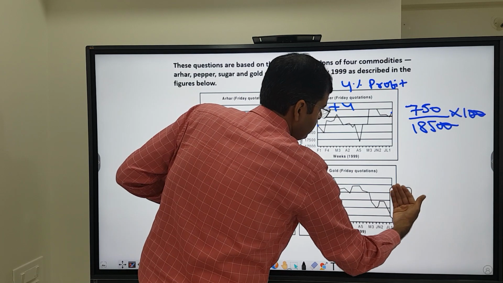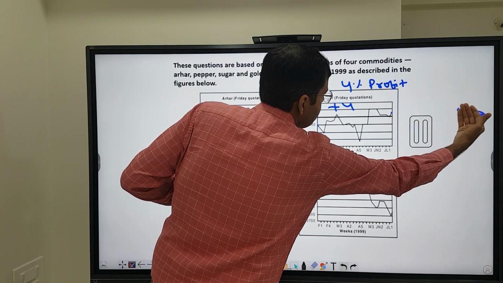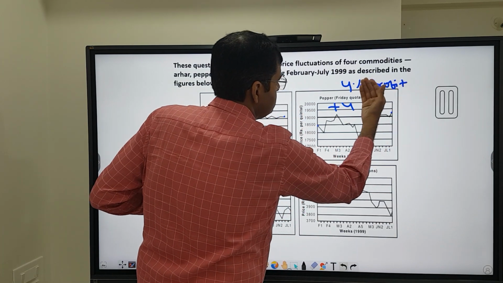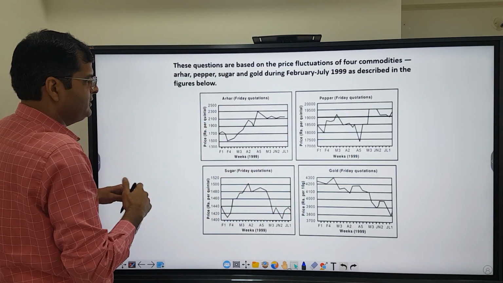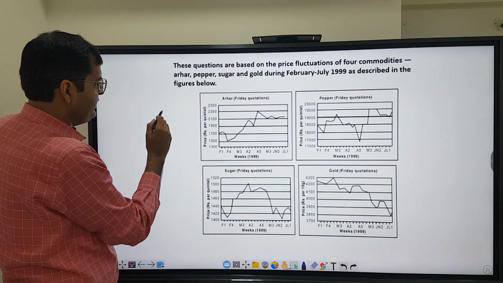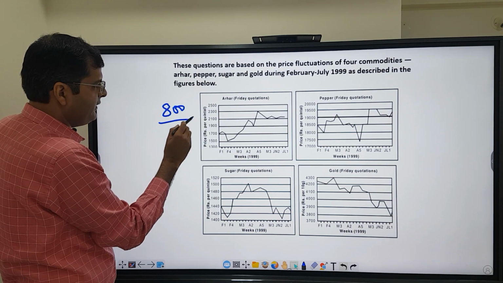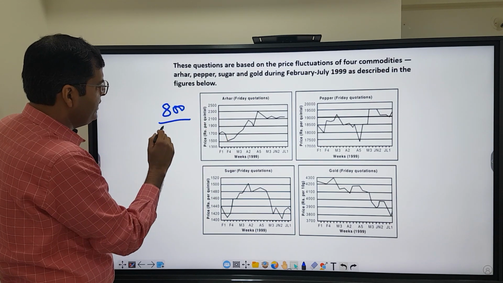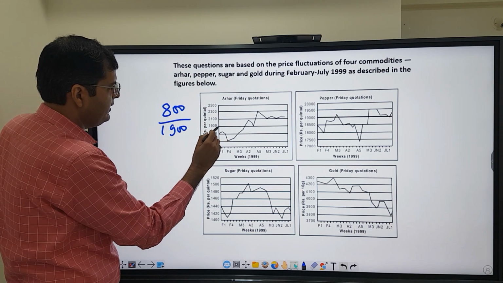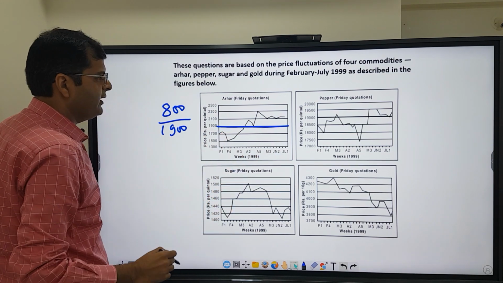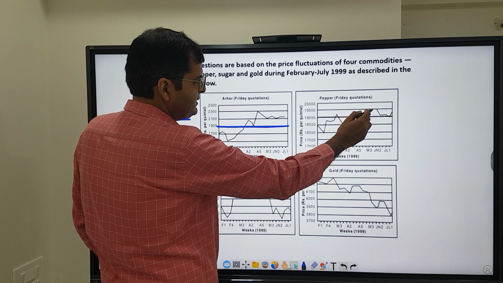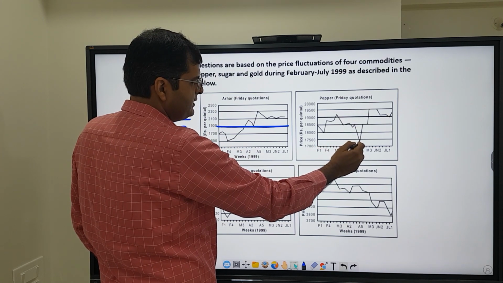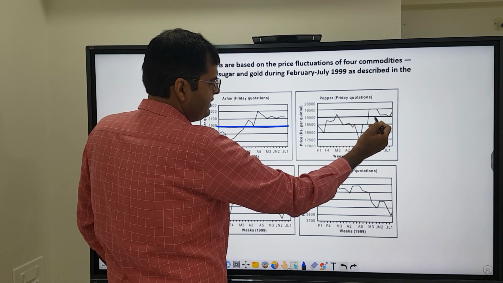So price volatility, if we calculate now, for Arhar, the highest minus lowest is 2300 and 1500, almost 800, divided by the average we took nearly 1900. Then for pepper, highest minus lowest is 19,500 and this is almost 17,300.